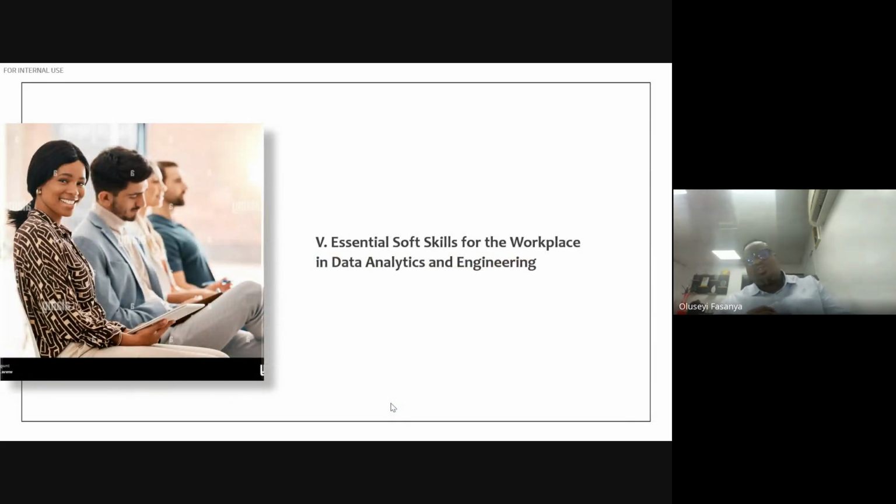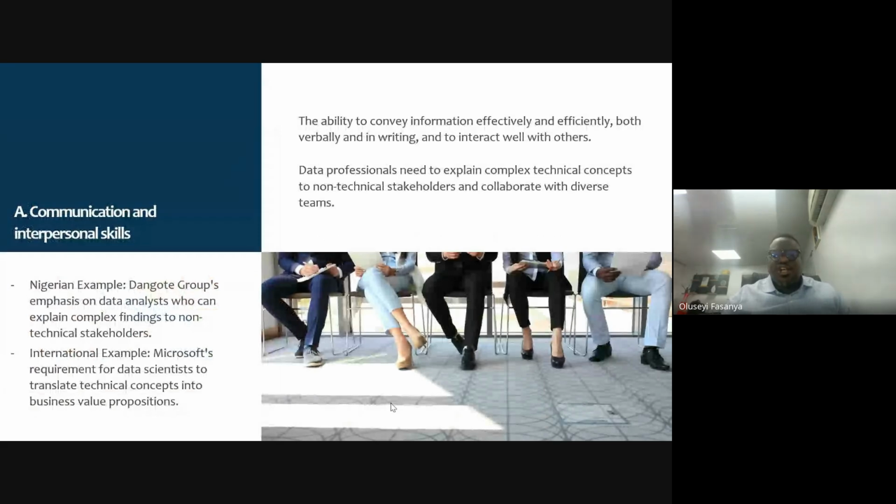So let's talk about essential soft skills for the workplace in data analytics and engineering. That talks to, one, communication and interpersonal skills. The ability to convey, we talked about it earlier, we cannot overemphasize the importance of communication. The ability to convey information effectively and efficiently, both verbally and in writing, and to interact well with others. Yes, very important.